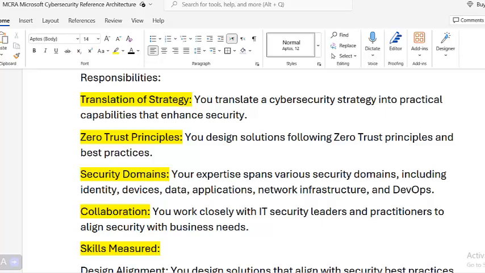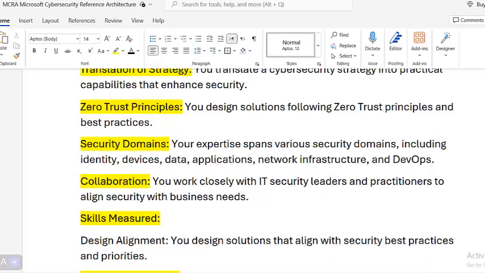Security domains: your expertise spans various security domains, including identity, devices, data, applications, network infrastructure, and DevOps. Collaboration: you work closely with IT security leaders and practitioners to align security with business needs.